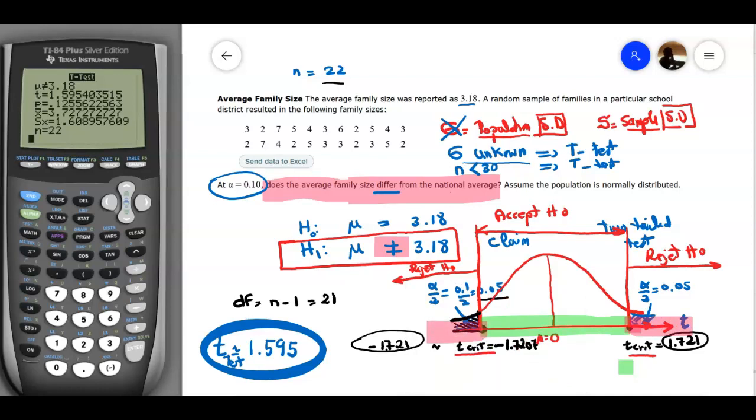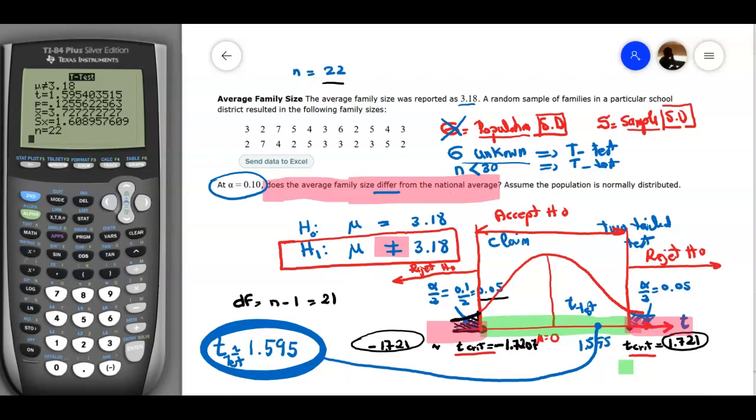And now, depending on the test value where you fall, we're going to make a decision, right? So if you notice here, 1.595, you're going to fall just right here, somewhere here. So this is the t-test, all right, and the value is 1.595.